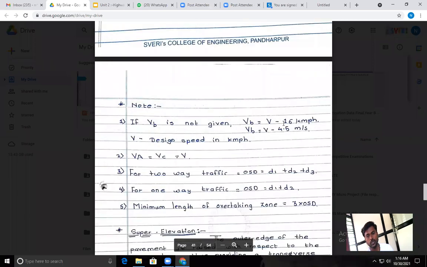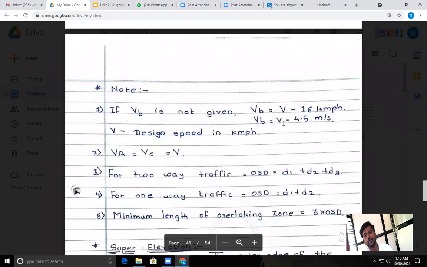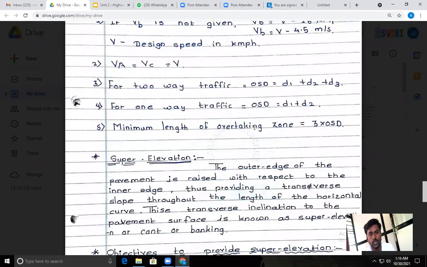Next note, write down minimum length of overtaking zone. Minimum length of overtaking zone is equal to 3 into OSD.